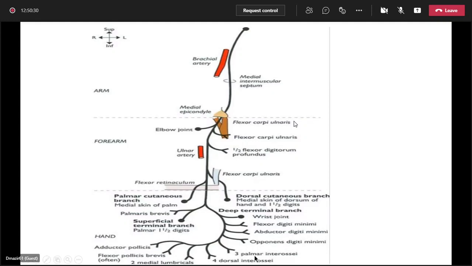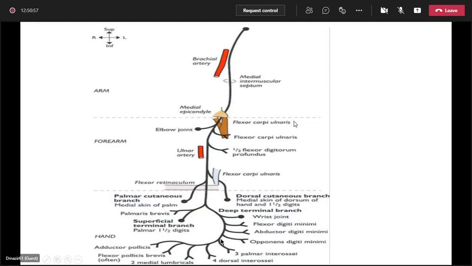All palmar and dorsal interossei are supplied by the ulnar nerve. That's the reason that in klumpke's paralysis, when C8 T1 is damaged, all these muscles run short of the supply and they undergo trophic changes, which means the muscles dry up, they decrease in muscle bulk, and they stop functioning.